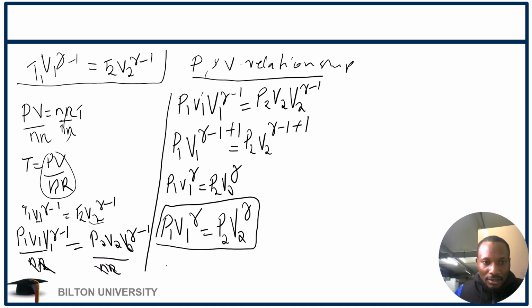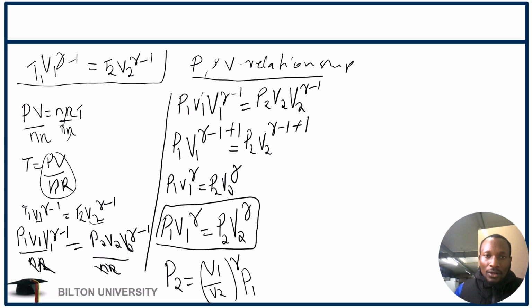If we know our initial pressure, initial volume, and final volume, then we can look at P2 and rewrite this equation as P2 is equal to the ratio of V1 over V2 to the power gamma times P1.